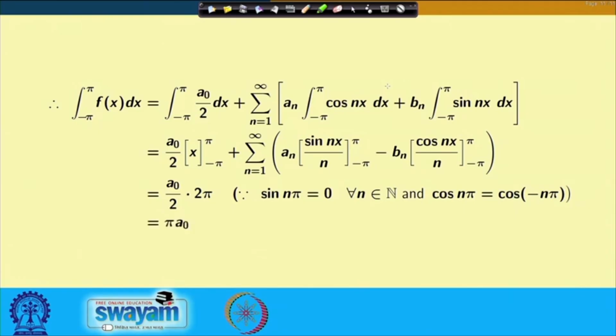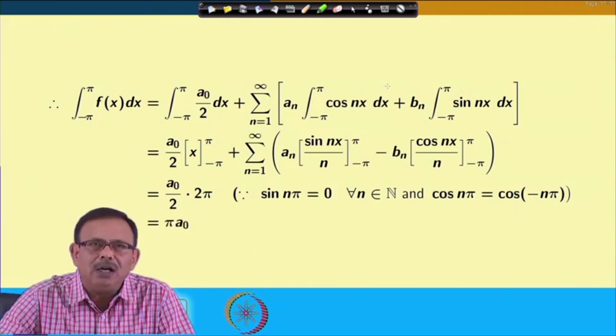Therefore, this is nothing but pi into a 0. So, in the earlier equation, the integral of f x dx can be substituted by pi into a naught. In a similar fashion, next I have to find the value of the integral from minus pi to pi of f x cos n x dx.